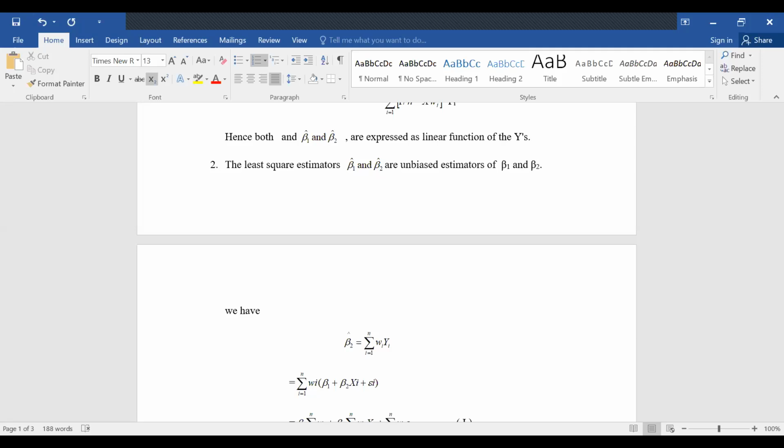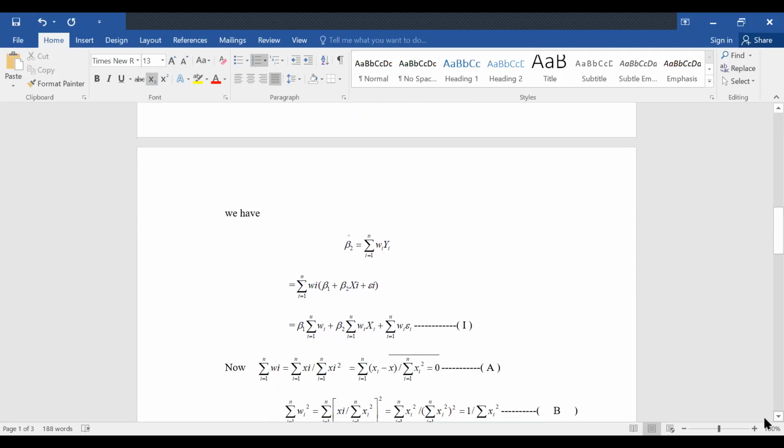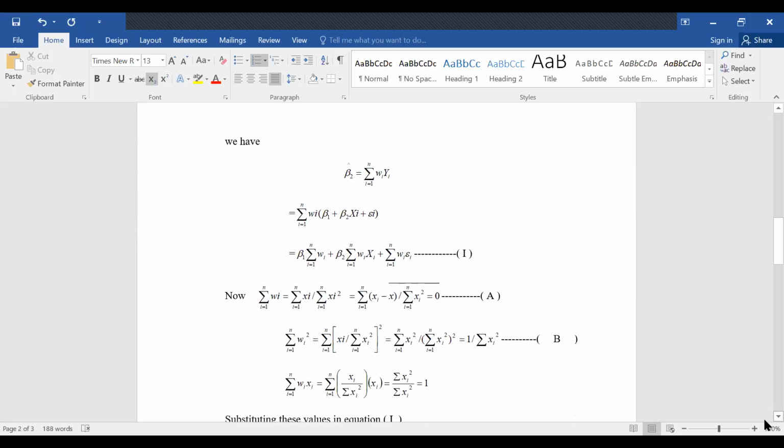So we know from the first property that beta 2 hat is equal to summation i from 1 to n wi.